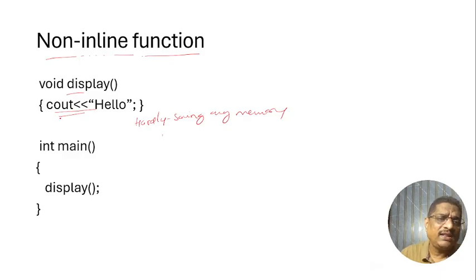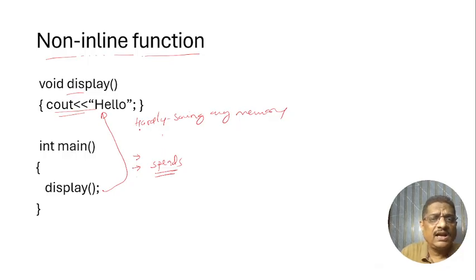Why? Because when the function is called, the control jumps to the function body. When it jumps there, it saves the return address and saves arguments to the stack. In doing so, it spends some time. That's why a normal function takes some time for execution.